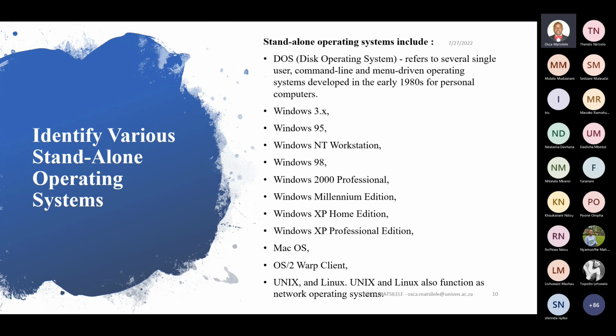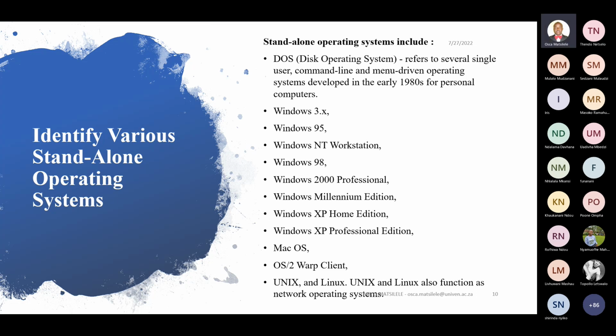Here we want you to answer under this standalone, because this one is the one that we mainly use on our desktop. So we have Windows 98. Just that now, on this slide I didn't include, I was supposed to also include, because nowadays we are using Windows 7, 8, and 10 and 11. So also include that in your notes.